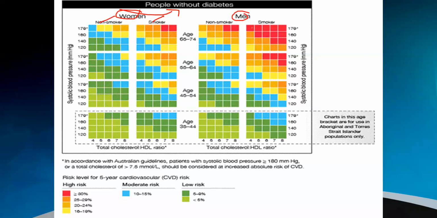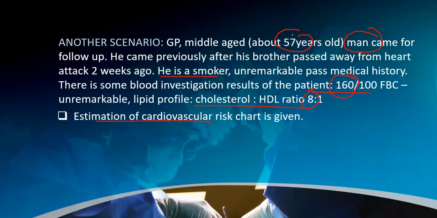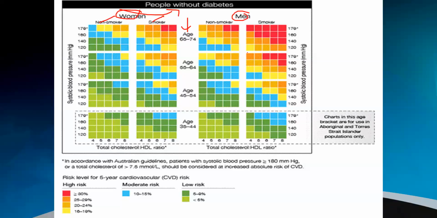So that's why we need to know those things. And also you can see the age in this line. So if it's a 57-year-old man and he's a smoker, 57 is good here. It's an old man and is a smoker. So we are looking mainly on this side, right?